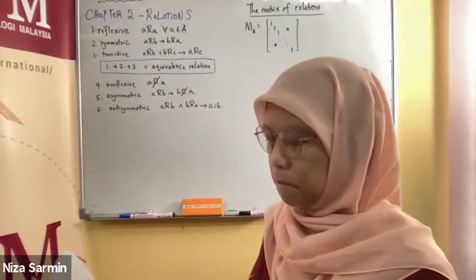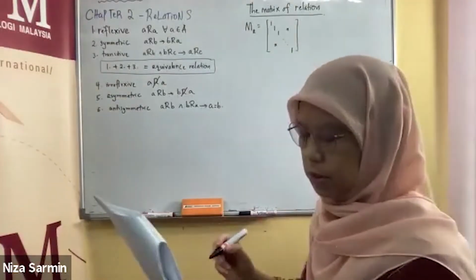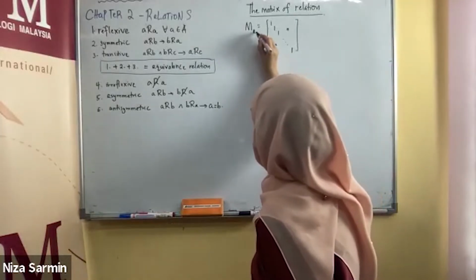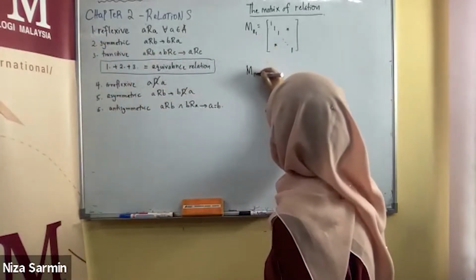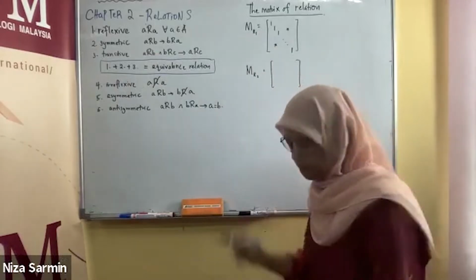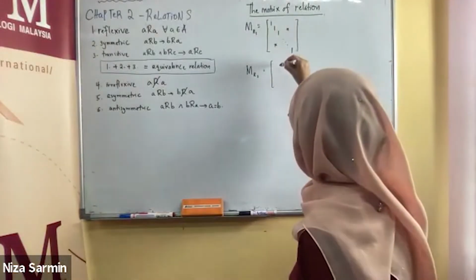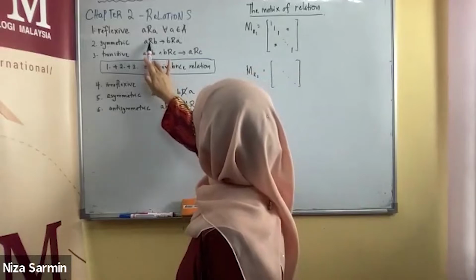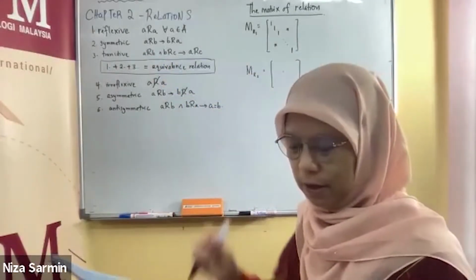Okay. The second one is symmetry. I put 1 here for this one, because this is the relation R2, symmetry. The diagonal can be anything, it doesn't matter: if you have 1, it's okay; if you have 0, it's okay.